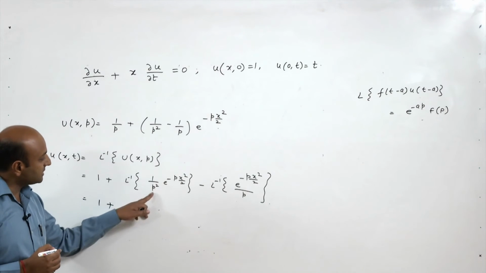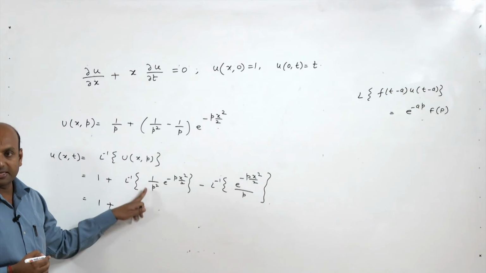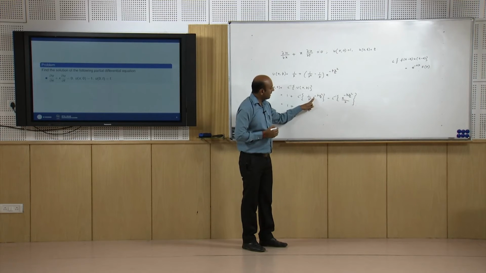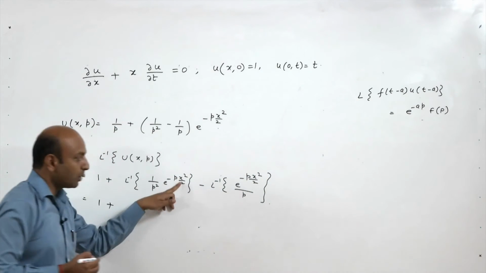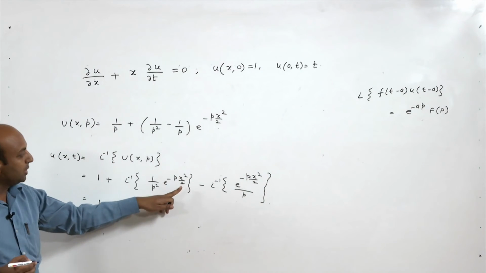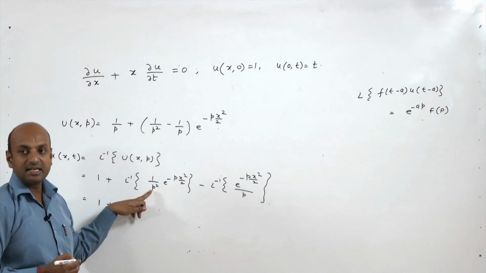Now, the Laplace inverse of 1 by p square is t, with e raised to the power minus a p, where a is x square by 2. If you compare with this, a is nothing but x square by 2. And Laplace inverse of this is t, so f(t) is t.